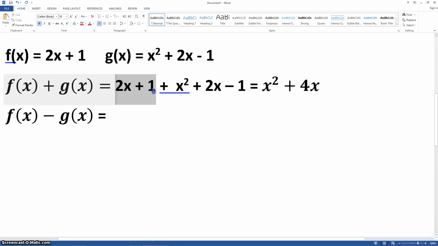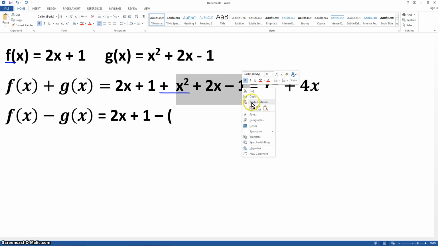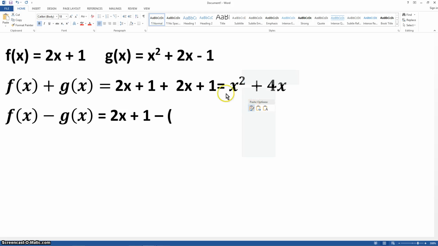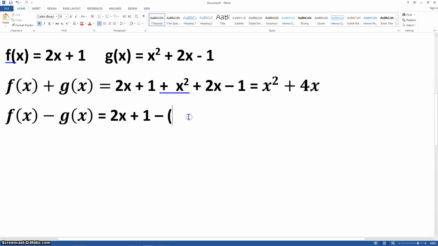So I have my f of x, which is right here, 2x plus 1. Now here's the tricky part. Minus parentheses, then you have your g of x part, which is x squared plus 2x minus 1. Now that's tricky because now you have to actually distribute the minus to each one.